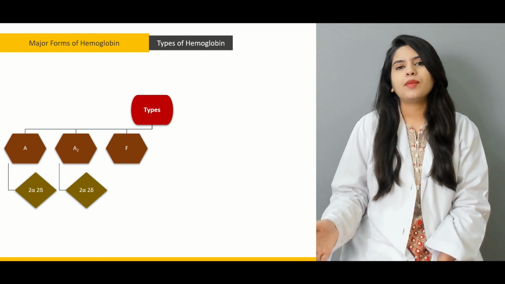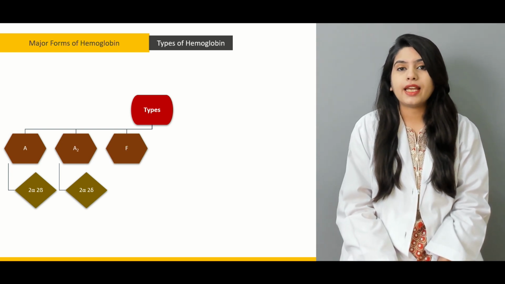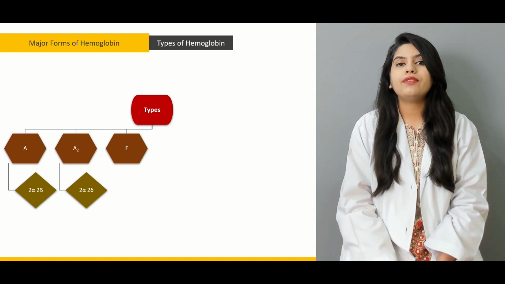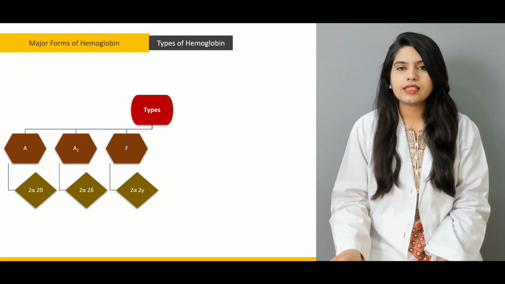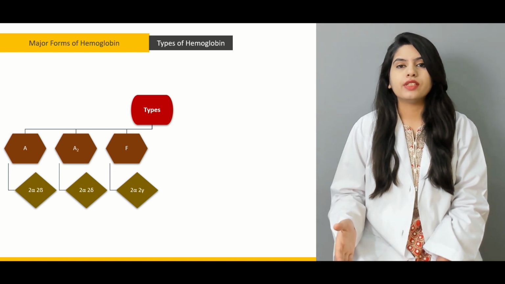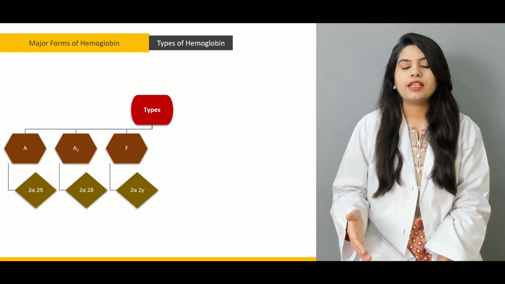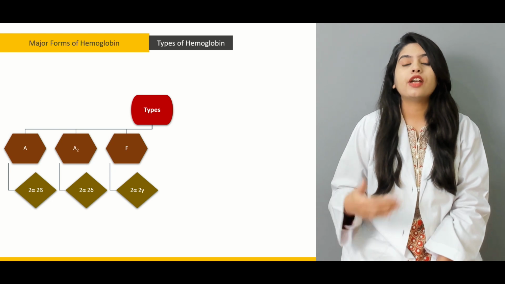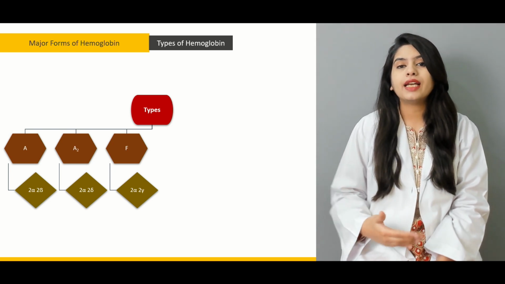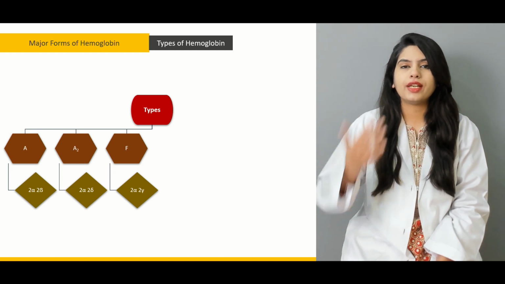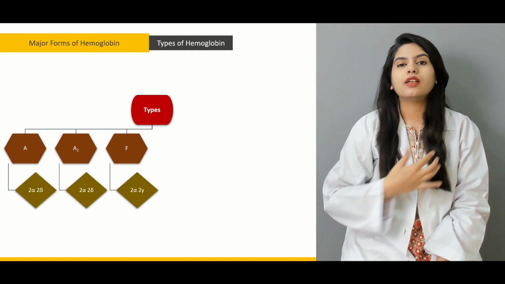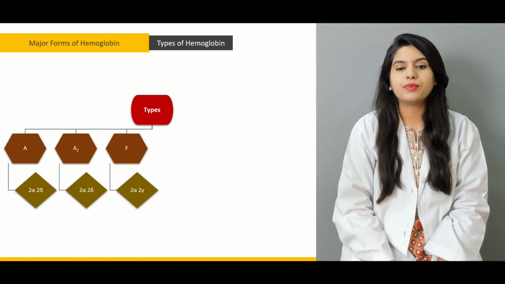Then there is another type of hemoglobin, hemoglobin F. Hemoglobin F consists of 2 alpha chains and 2 gamma chains. This gamma chain is present during intrauterine life, and after that it is replaced by the beta chain or any other chain depending upon the genetic information of that person.